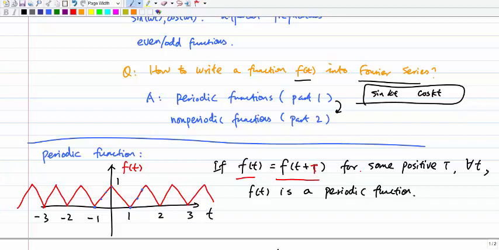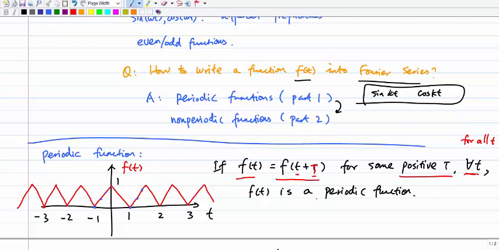This big T is also called the period. This means that for f(t) at a certain time, if you shift t by some positive T, f(t) remains the same. This has to be true for all t, with a positive T such that this is true. Then f(t) is called a periodic function.